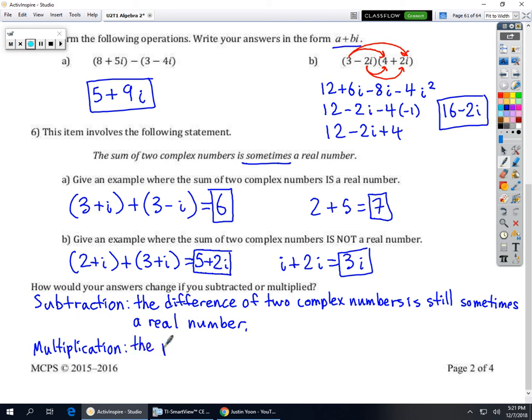The product of two complex numbers is sometimes a real number.